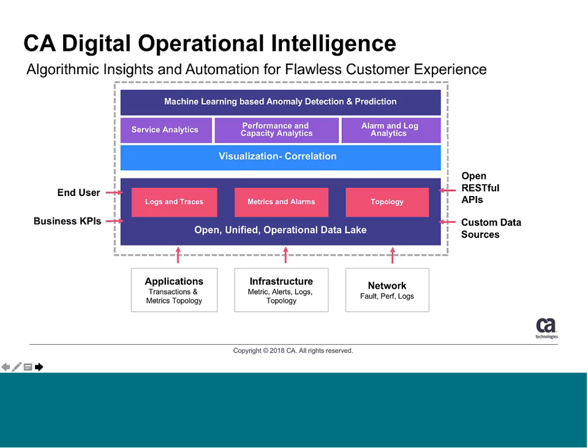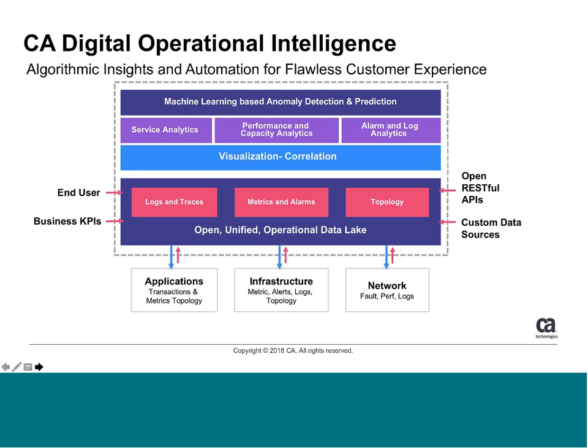As we push all the metrics into the unified data lake, we also take into account the business KPI and the end-user experience. And that's where the machine learning based anomaly detection and prediction comes into the picture. That's our operational intelligence view for CA Digital Operational Intelligence. And I'll talk about this as we go further into why upgrade specifically.